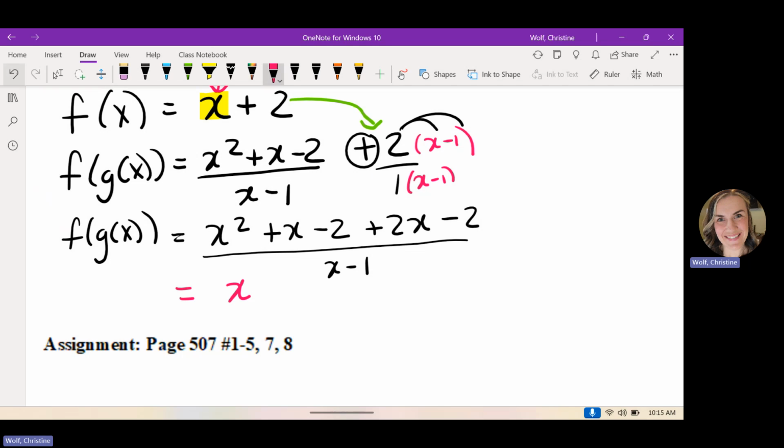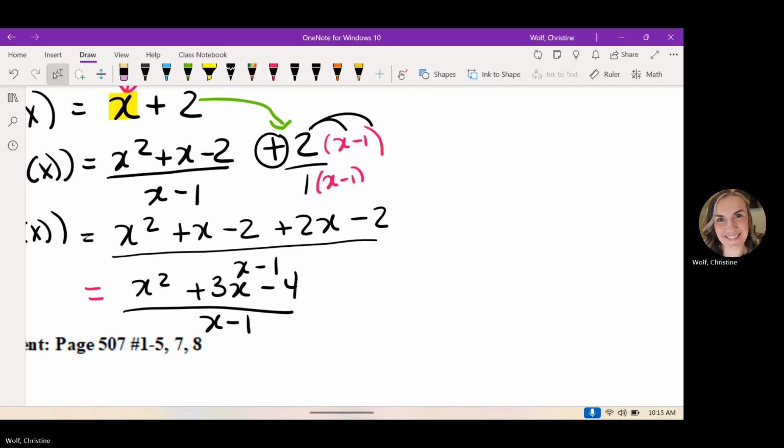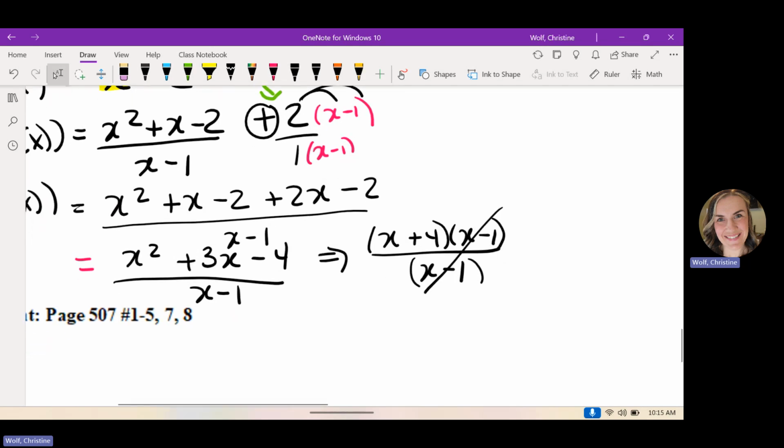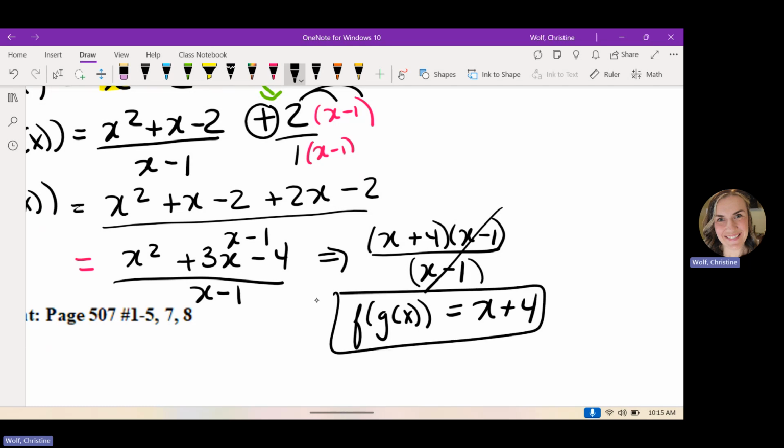So x squared plus 3x minus 4 is what happens when I clean up the top. And then this would be x plus 4, x minus 1. Look at that, x minus 1. Those cancel. So in the end, my f of g of x whittled down to just x plus 4.